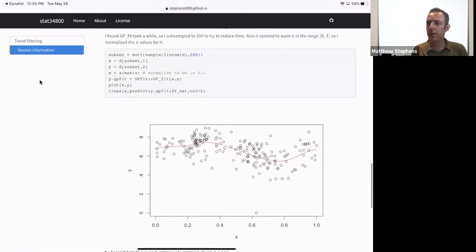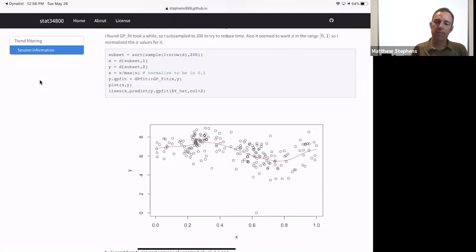So these can be quite computation intensive, because to fit a Gaussian process to 200 data points, your covariance matrix is 200 by 200. And to work with covariance matrices, you usually have to do some kind of matrix decomposition, like a Cholesky decomposition, which grows cubically with the dimension, so 200 cubed, whatever.